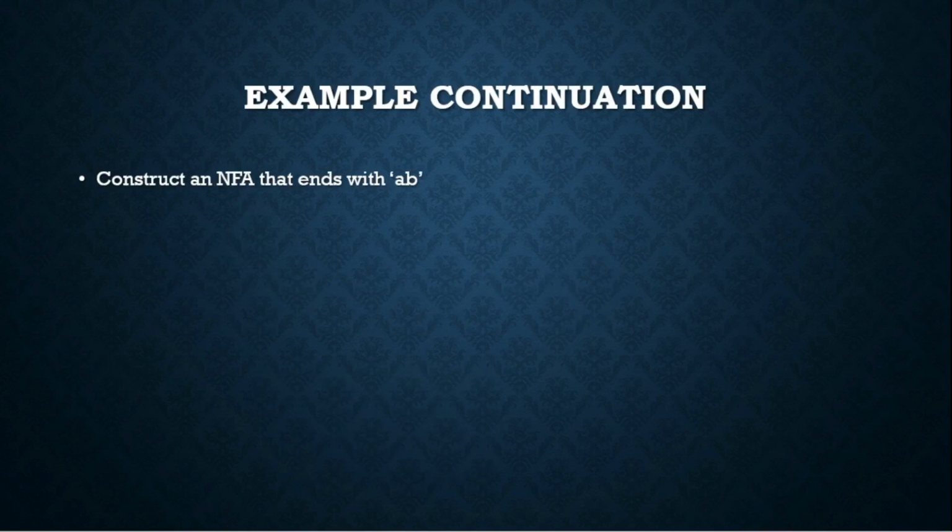An example again, we are told to construct an NFA that ends with AB. Now, according to what we said in the last video, there's a particular way I solve this issue. The language here, the string that is meant to be our language, must end with AB.